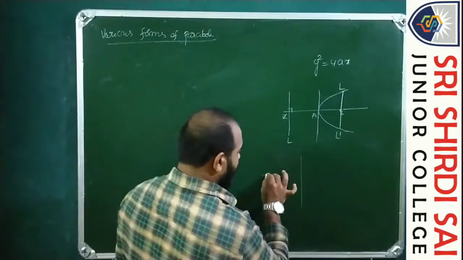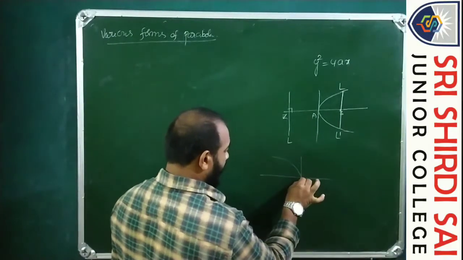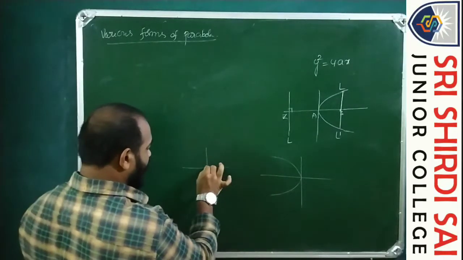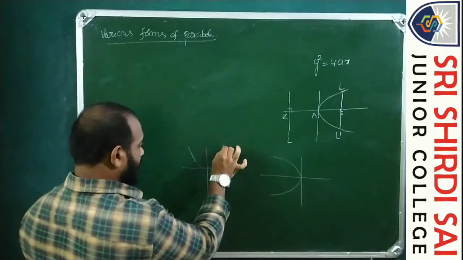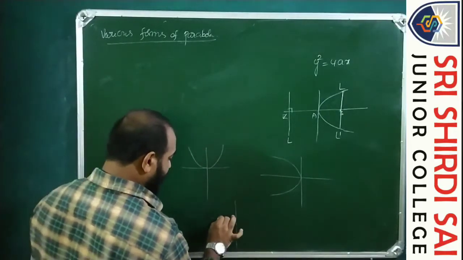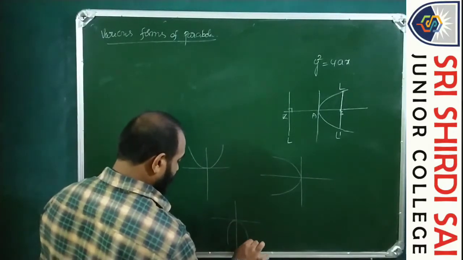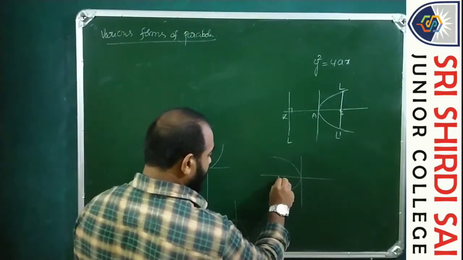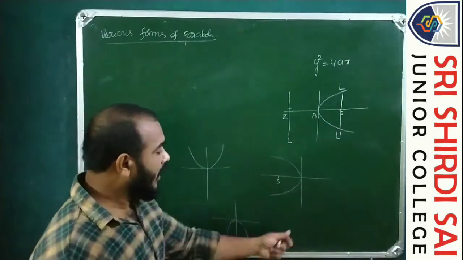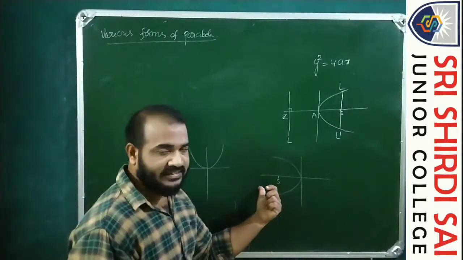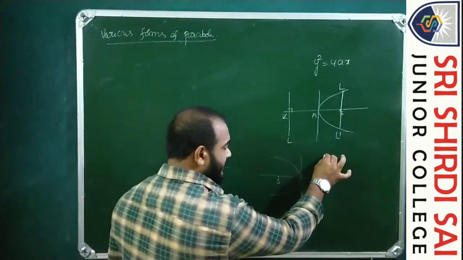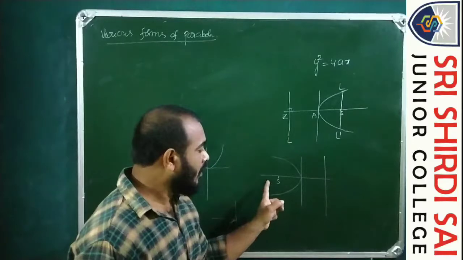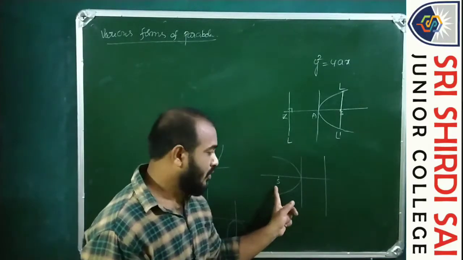The parabola can either be in this form as well, or it can be in this form also. So, if the parabola is in this form, the focus is lying in the negative x-axis, and the directrix is lying on the positive x-axis, opposite side of this focus.